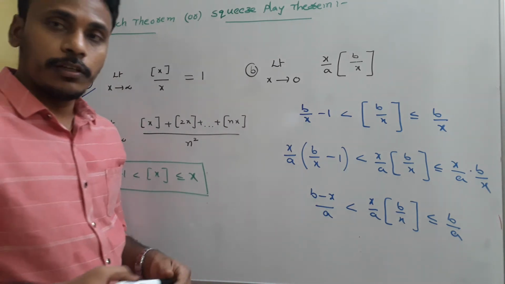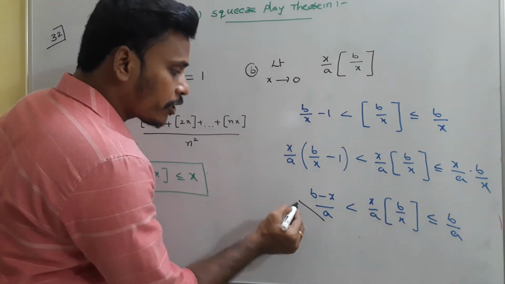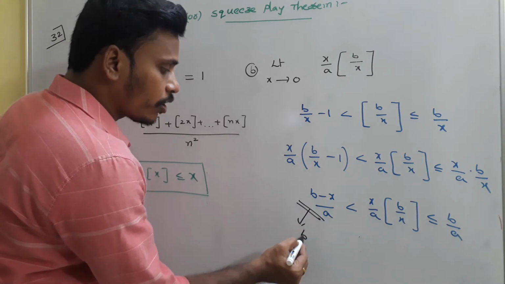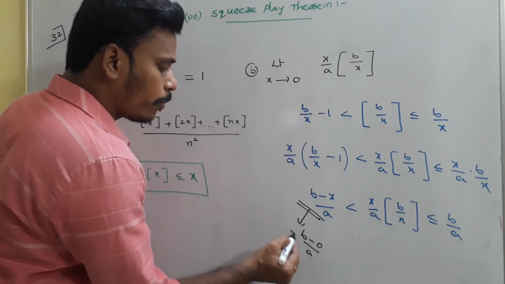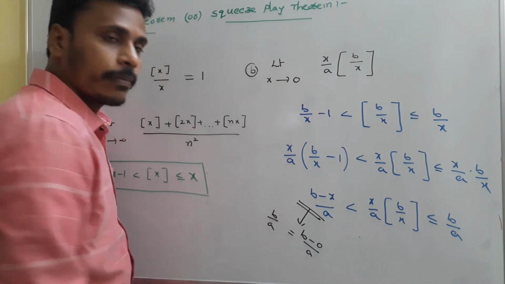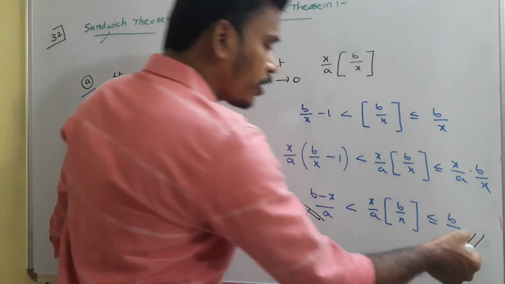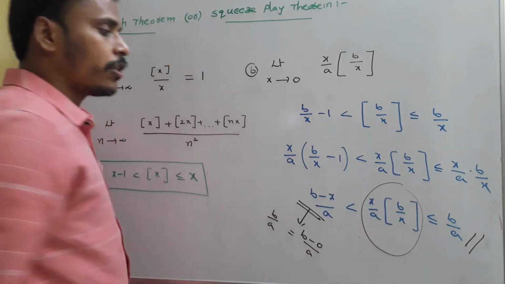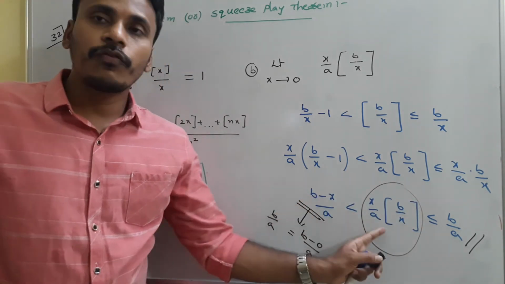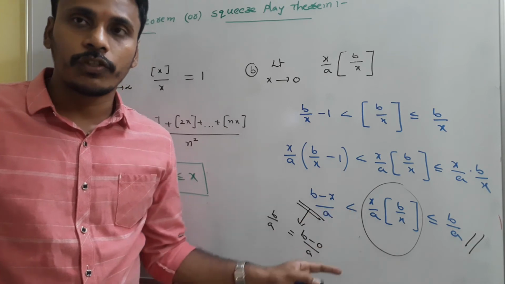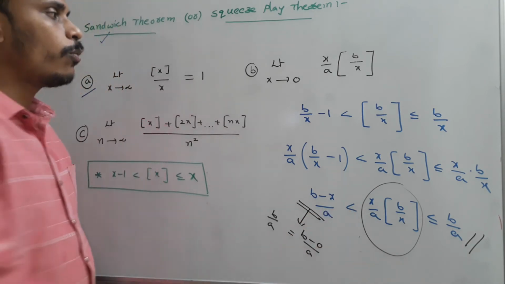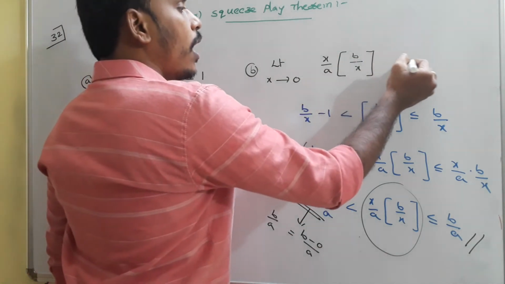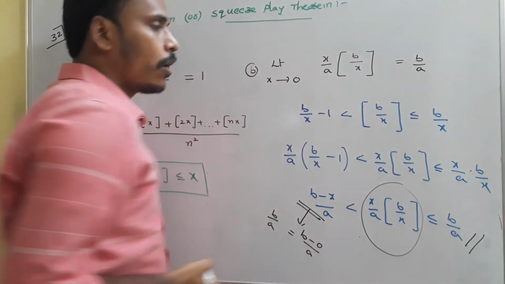So now just look here. This left side function, when you replace x with 0, b minus 0 by a is b by a, whereas this right side function is b by a. Then for the middle function, the function which is in between these two also gives you the same limit value as x is tending to 0, and its answer is b by a, right?